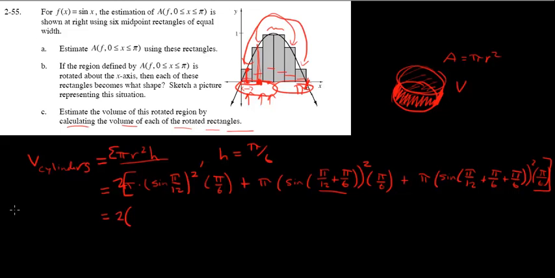So I want to do the summation notation again, because I'm all about saving some time. So what does that look like? That's going to look like we still have 2 times whatever it is. We can even factor out the pi and the pi over 6, which are in each of these. See pi, pi over 6, pi, pi over 6, pi, pi over 6.